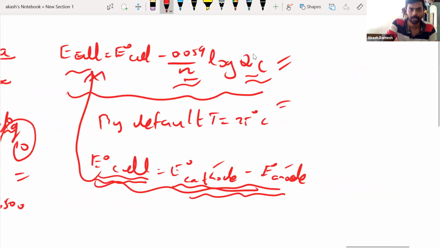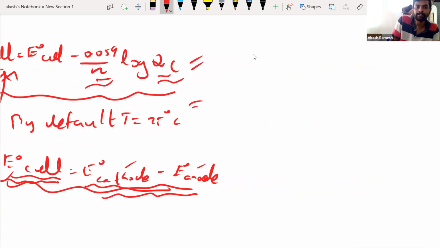very careful. Okay, fine. Now, guys, if I have a cell, I represent the cell like this. Say I start with something simple. I'm going to take zinc and Ag, right?